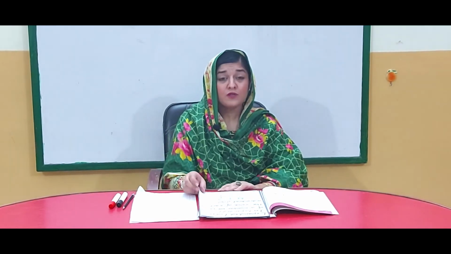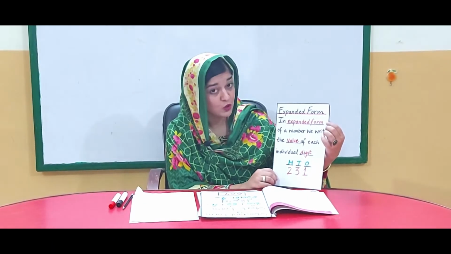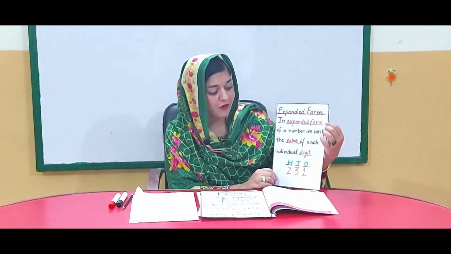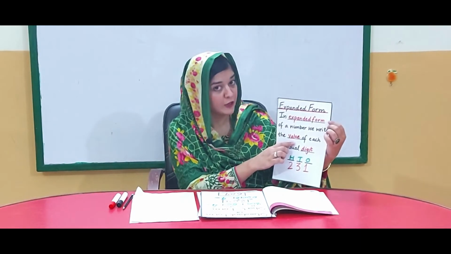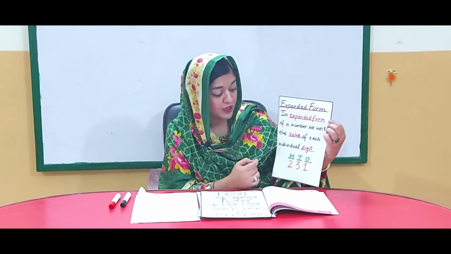If we want to write a number in expanded form, first of all we have to know the value of each and every digit, on which place it is standing, whether it is on the hundreds place, the tens place, or the ones place. We have to know the value of each individual digit.